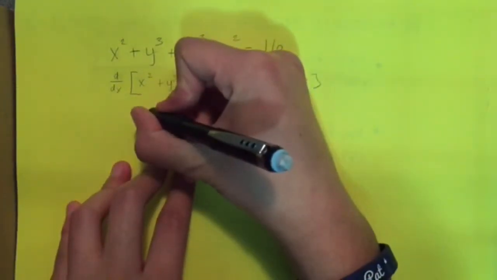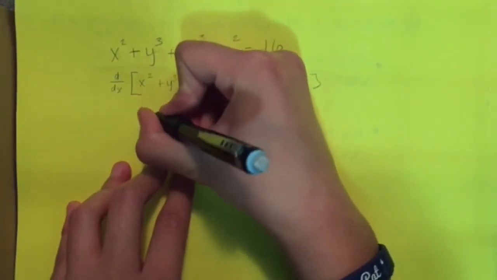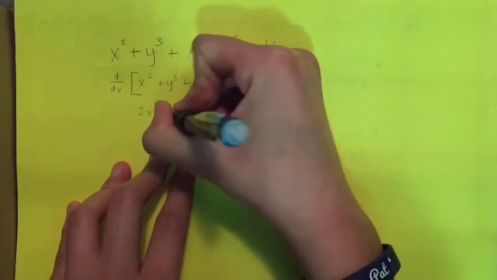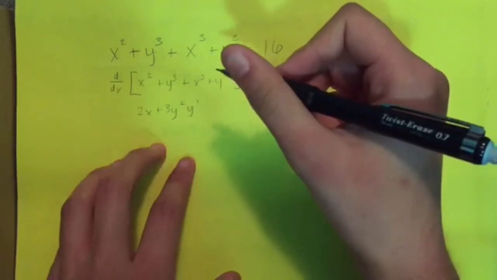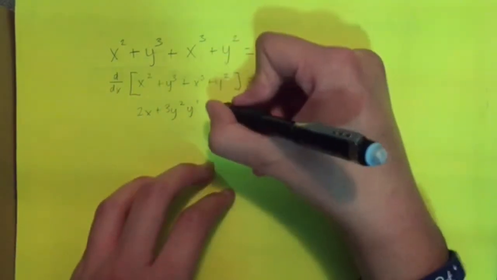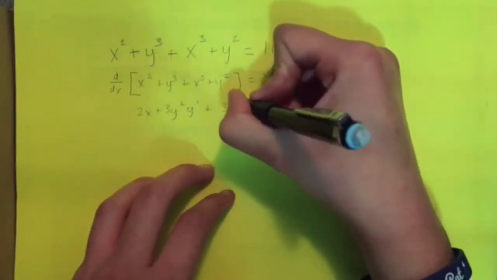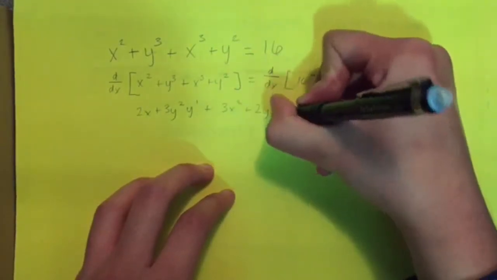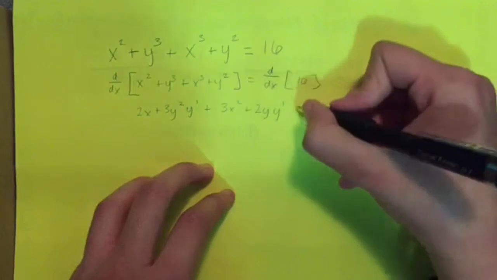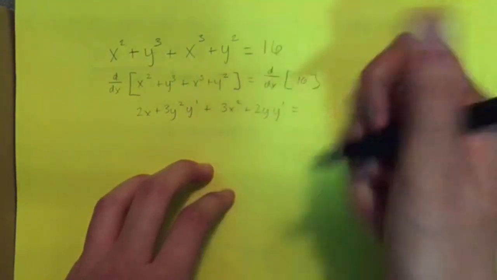So this is 2x plus 3y squared y prime plus 3x squared plus 2y y prime, and the derivative of a constant is just 0.